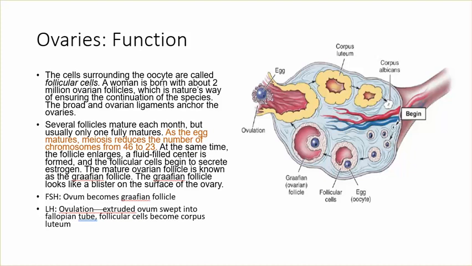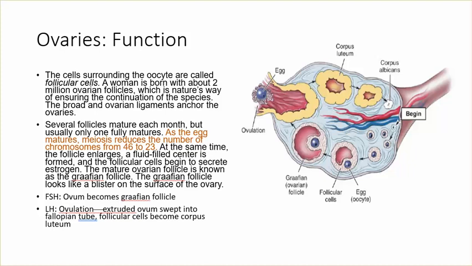And so we call the follicle that hasn't been stimulated a primordial follicle. Then they become a primary follicle. And then they get so big that the follicle cells that are producing all this estrogen, the name gets changed to granulosa.